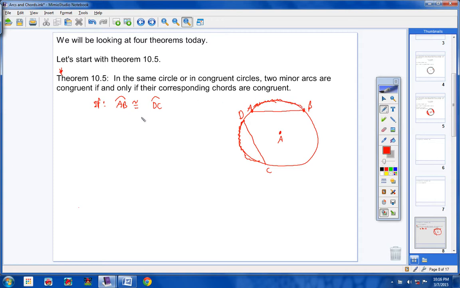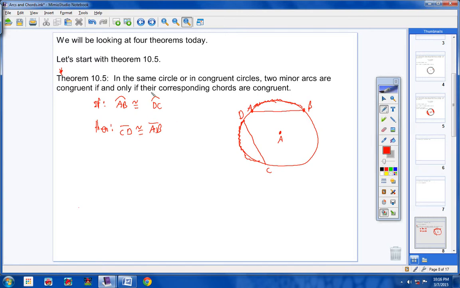So if arc AB right here is congruent to arc DC right here, then go ahead and put the word then, my chords are congruent. So chord CD is congruent to AB. Got it? Now look at that. Understand it. If arcs are congruent, then their chords are congruent.